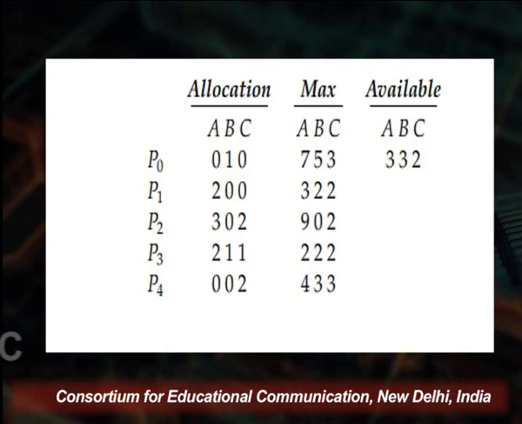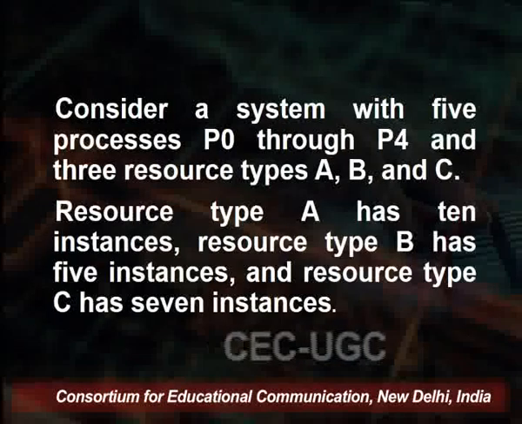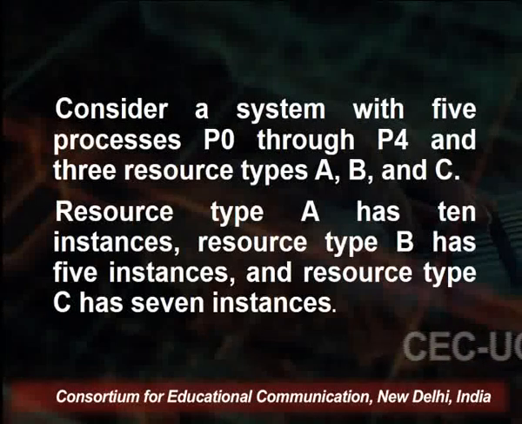The resource types are A, B, C. For example, resource A has 10 instances, resource B has 5 instances, and resource type C has 7 instances. So, the available resources are controlled by how many instances of each the system has.